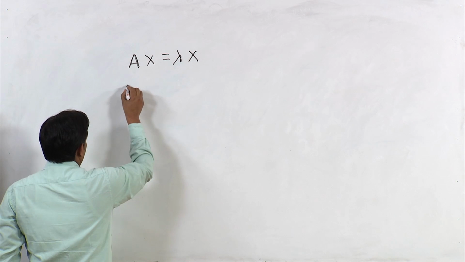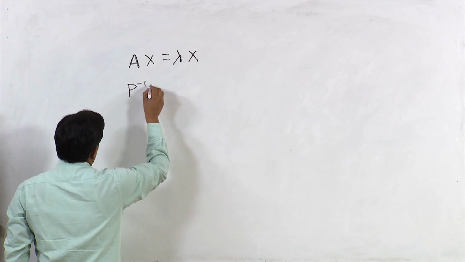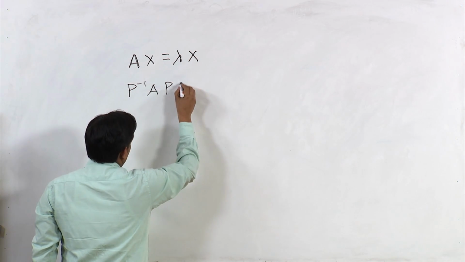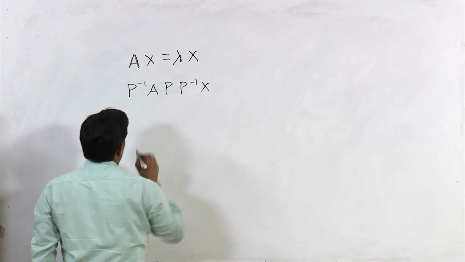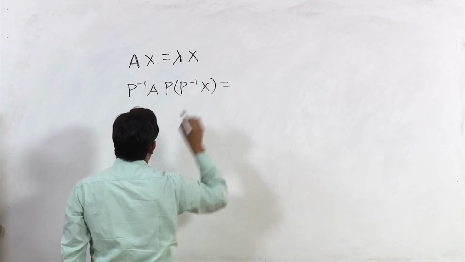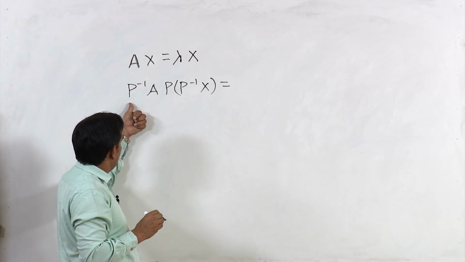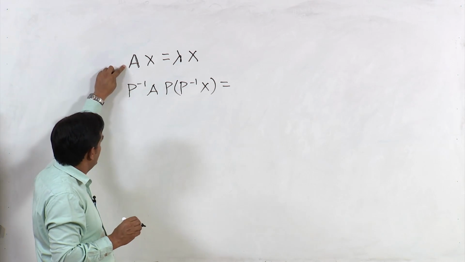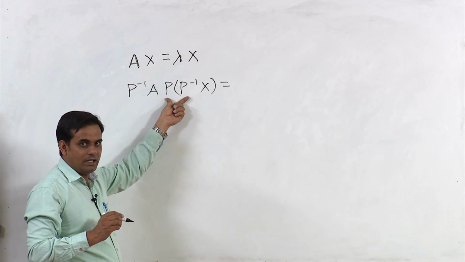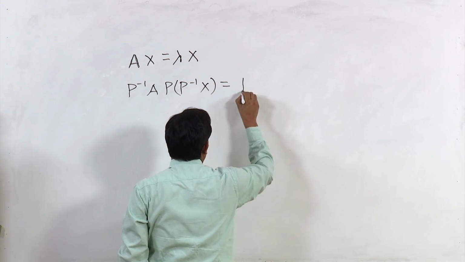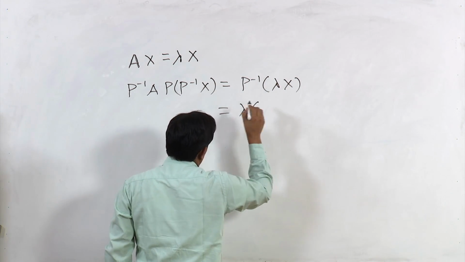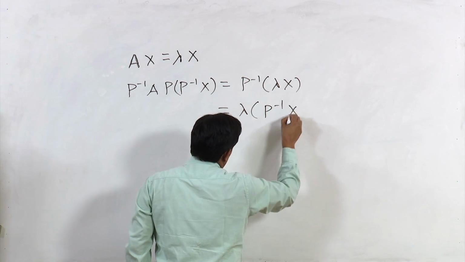Now I pre-multiply by P inverse in this equation, and since P into P inverse will be identity, it becomes P inverse A P P inverse x equals P inverse into lambda x, and if I take lambda, which is a scalar, out, lambda P inverse x.